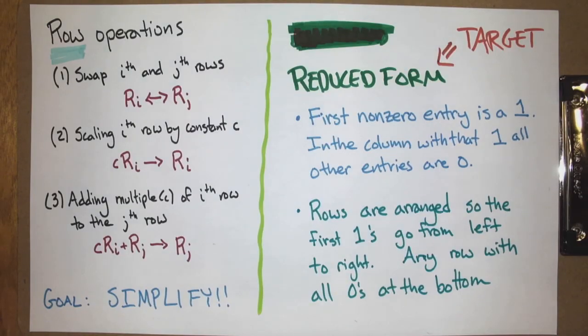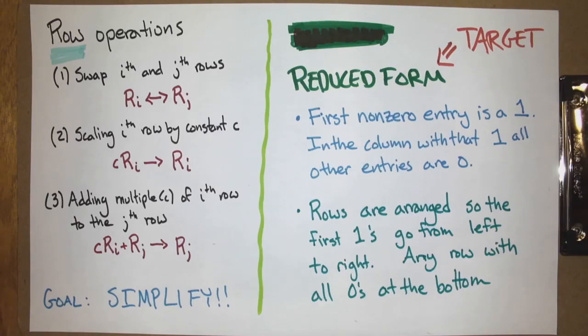The other bullet point here says, I'm going to sort the rows. And I'm going to sort the rows so that when I look at the first ones, they move from left to right. Now, it might happen that not every column gets a leading 1. There's a fancy term called pivots if you talk to your friends taking linear algebra courses.